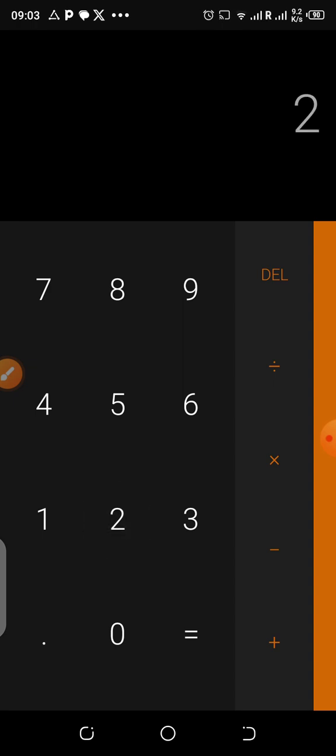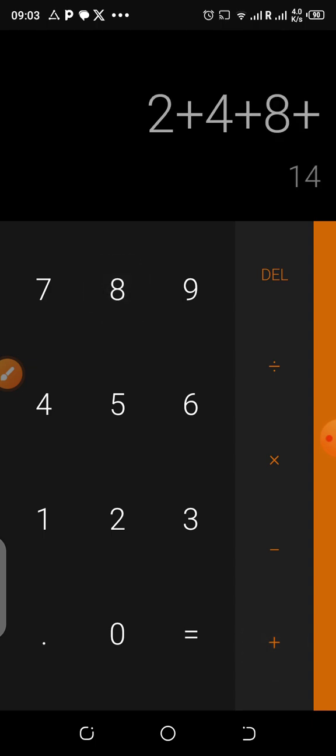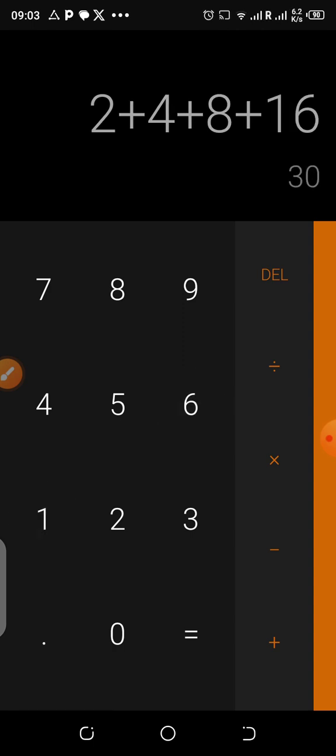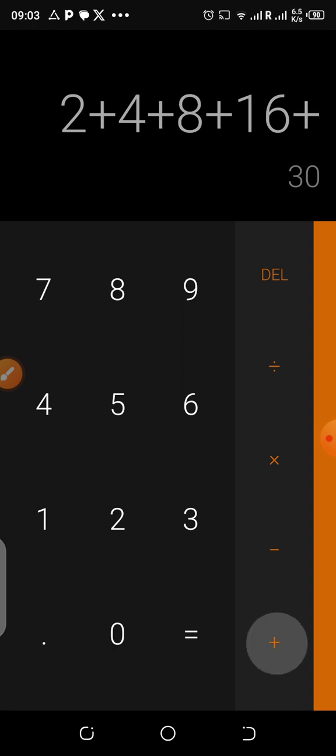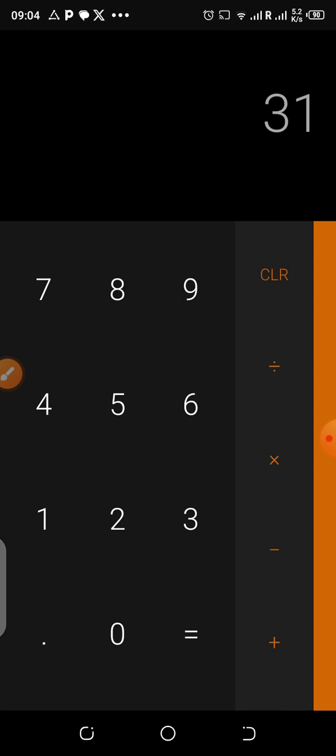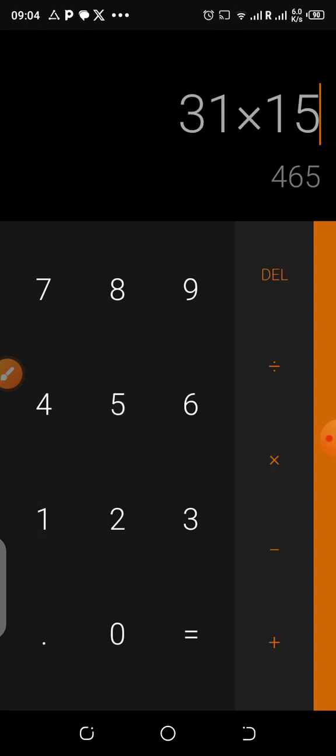The robot is doubling 2 plus 4 plus 8 plus 16, plus our first buy in amount that we entered with, which is 1, totaling 31. We multiply this by $15.